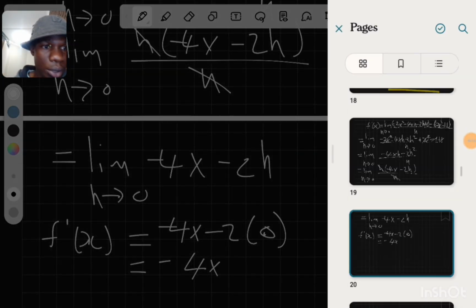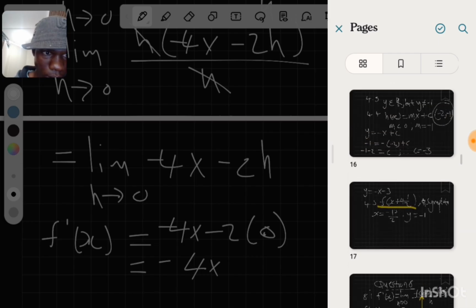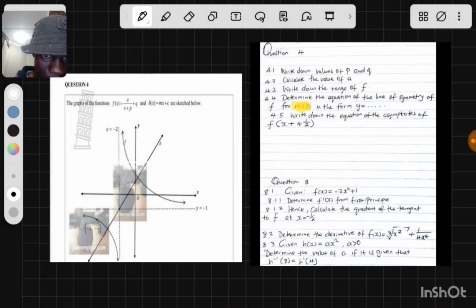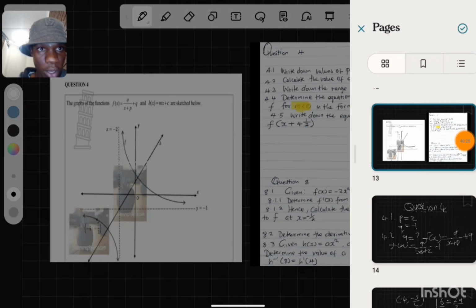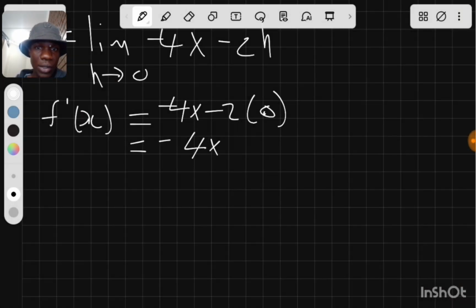So we are going for 8.1.2. Hence, calculate the gradient of f at x. Okay, the gradient, guys, we're given the f of x there. They want the gradient if x is equal to minus 2, and we know that the gradient is always the first derivative.